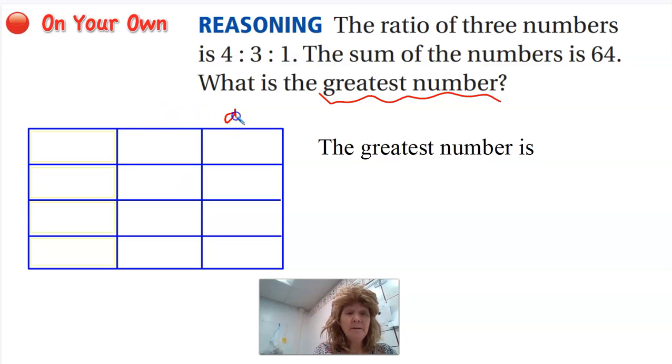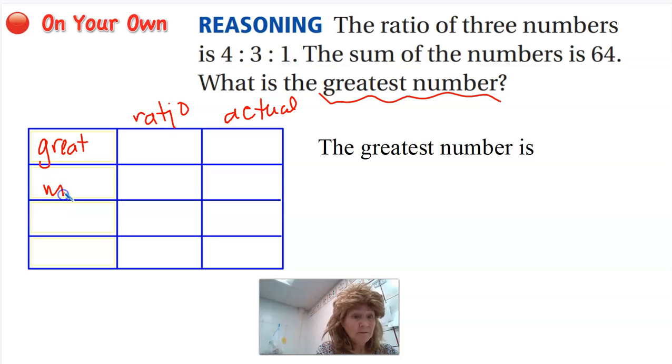This is going to be the actual, like I've been doing. This is going to be the ratio, and then I'm going to label it like this. This is going to be the greatest. This is going to be the middle. This is going to be the least. And this is going to be the sum.